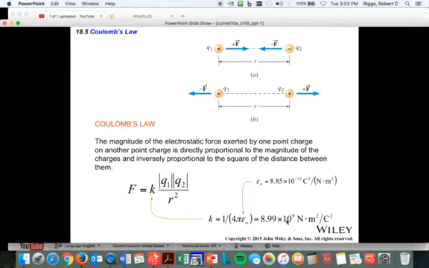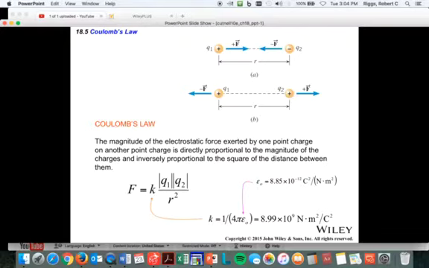He used 8.99. I used 9.00. It doesn't matter. And this epsilon naught, the permittivity of free space, we will look at later when we look at capacitors, but it's 8.85 times 10 to the negative 12 coulomb squared per newton meter squared.